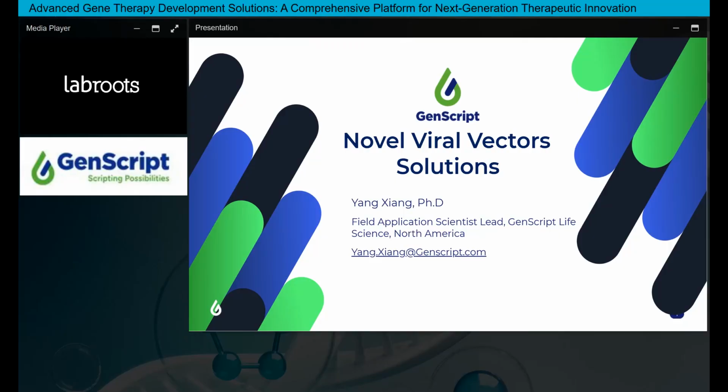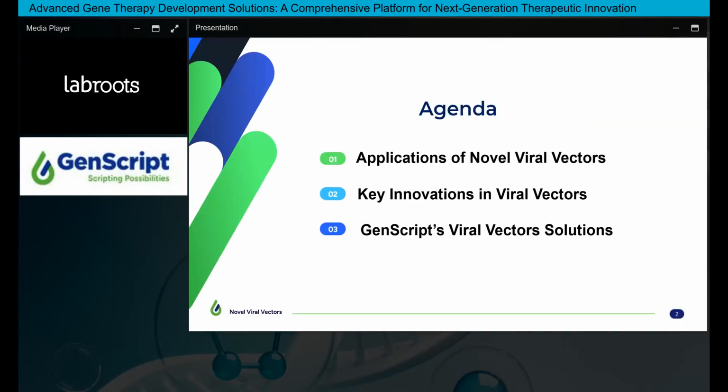Today, we will explore the key innovations shaping the next generation of viral vectors. The presentation is divided into 3 parts. First, we will explore the cutting-edge innovations that are defining the next generation of viral vectors. Then I will show how these advanced vectors are being applied, illustrated with some compelling real-world examples.